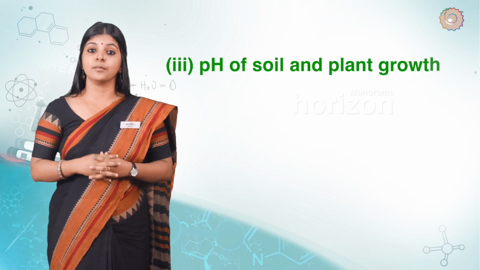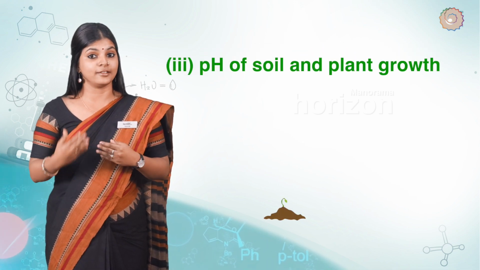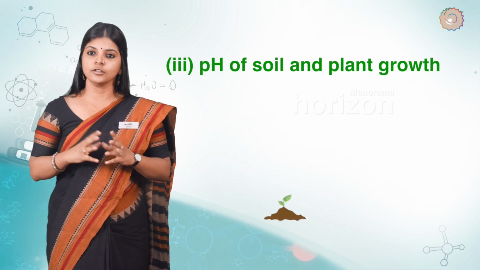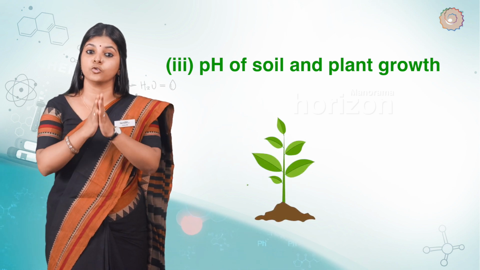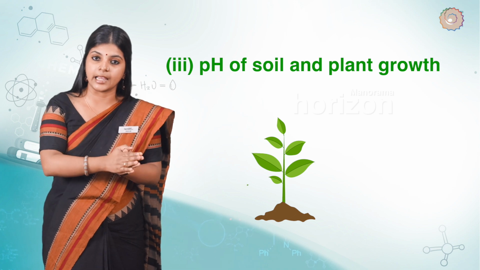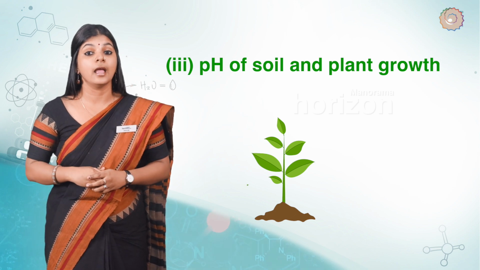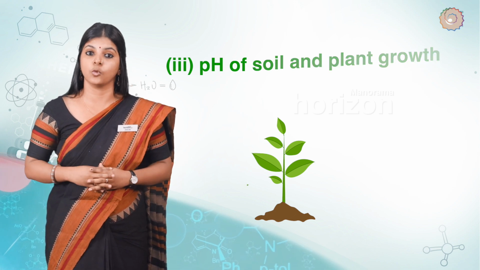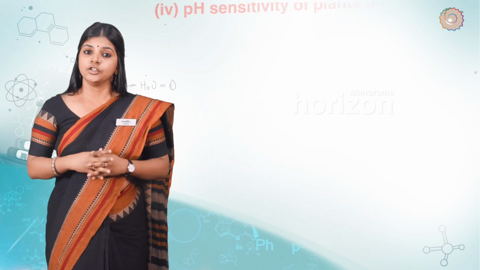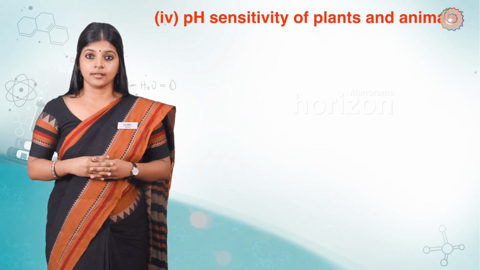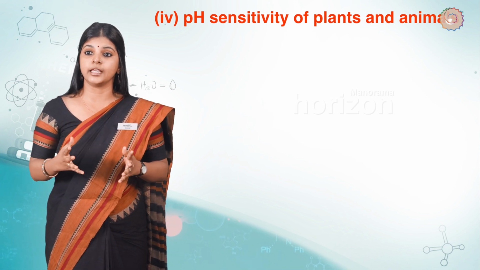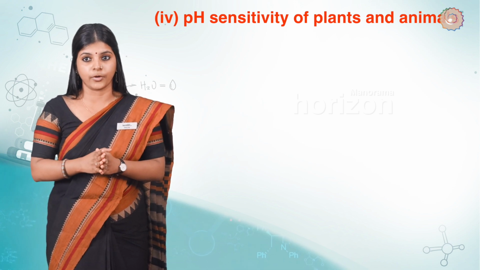Let's see another example of pH of soil and how it affects plant growth. Most plants have healthy growth when the soil has a specific pH which is close to 7. It should neither be highly acidic nor highly basic. That is also quite important. Did you know that plants and animals are pH sensitive? Yes, they are. Our body works within the pH range of 7 to 7.8.